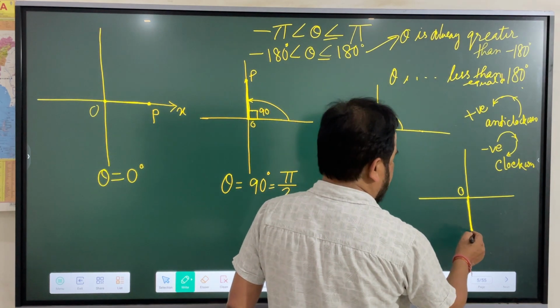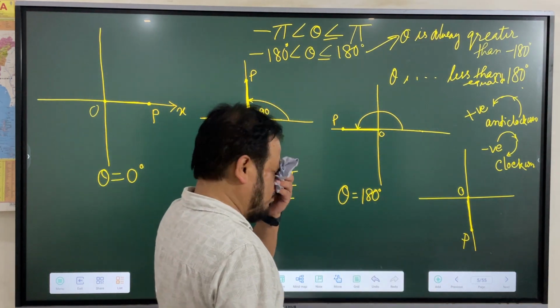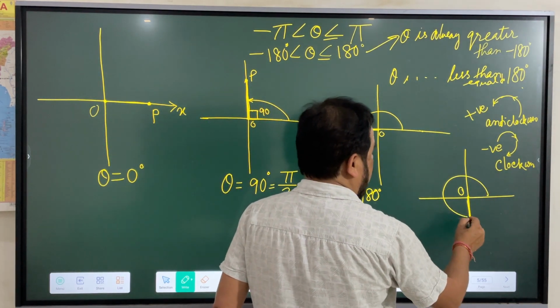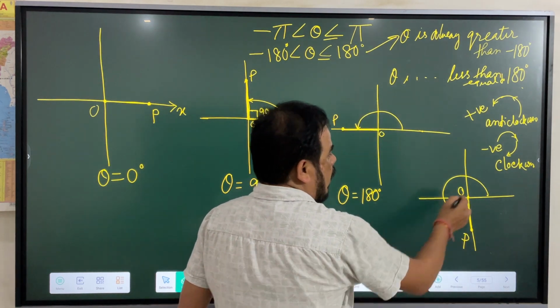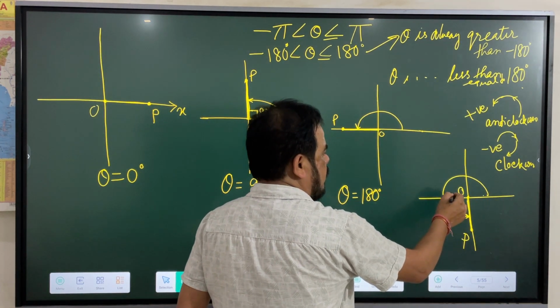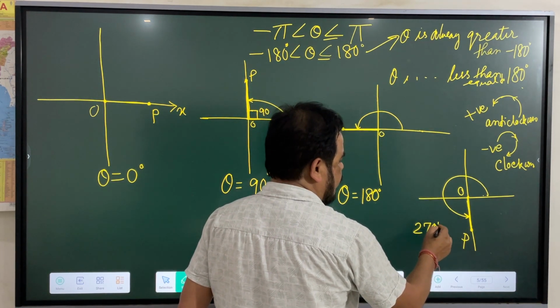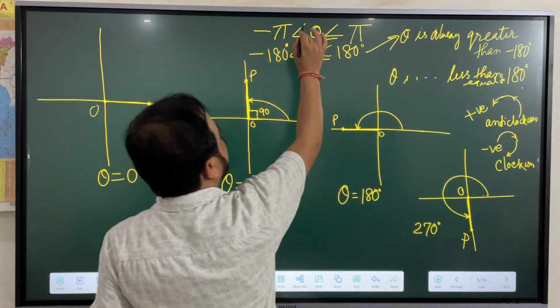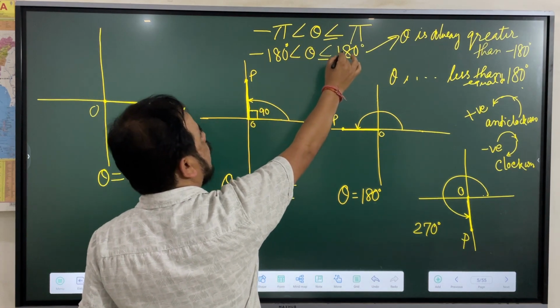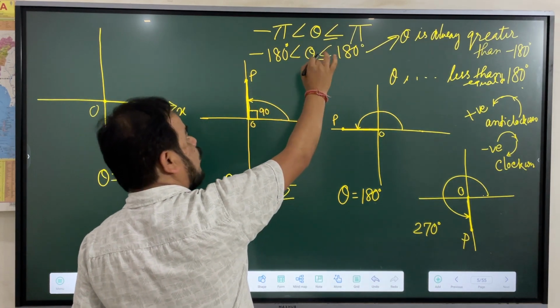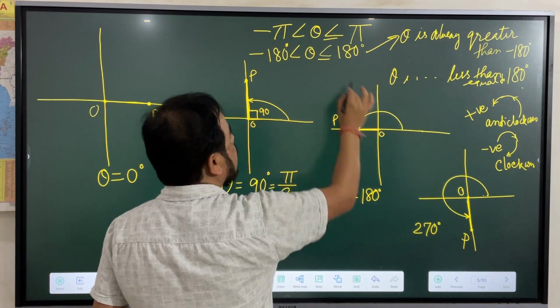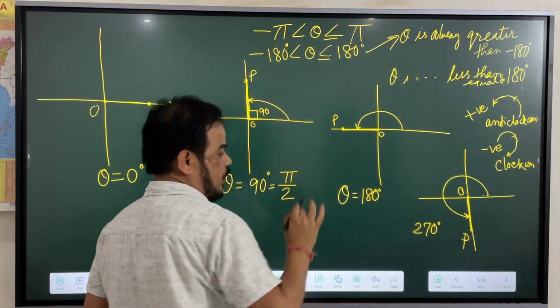Now in this case, when it has come here, we cannot move this way. Why? 90 plus 90 plus 90, total 270 degree. But theta should be less than or equal to 180, and here it is 270. So this condition does not hold.